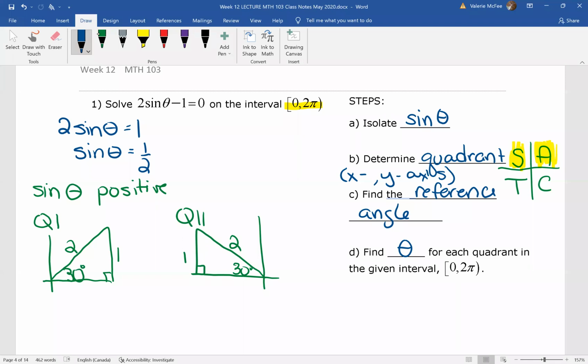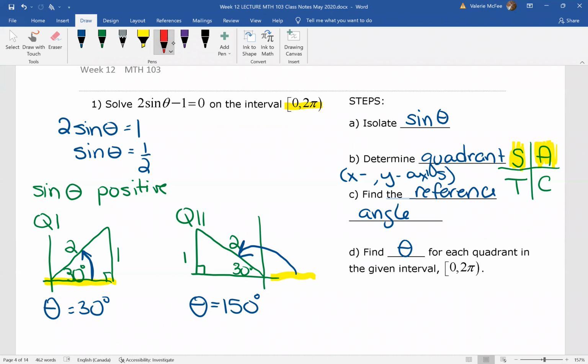Remember, in quadrant 1, theta is the same as the reference angle. In quadrant 2, starting on that same initial side, we see that our reference angle is 30 degrees. So theta is 30 degrees less than 180, or 150 degrees.